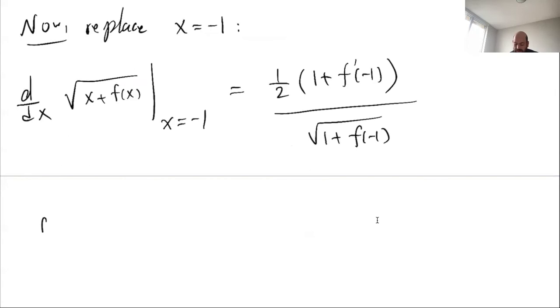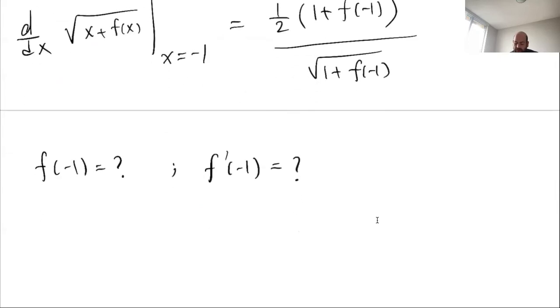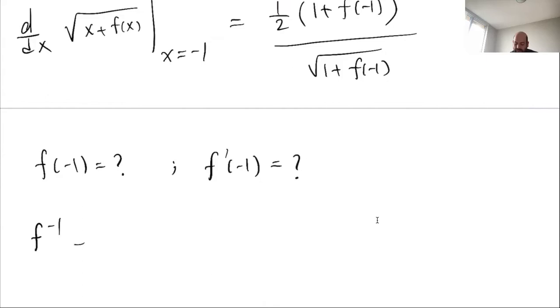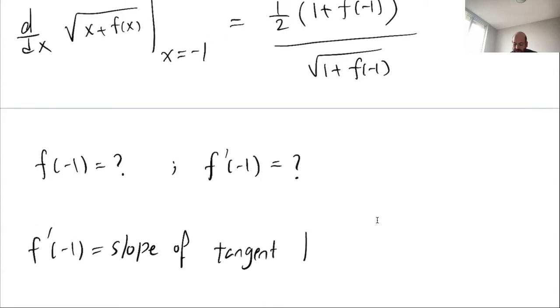Okay, now we need to find f of -1 and f prime of -1, and we'll be done. So how can I find f prime of -1? F prime of -1 means the slope of the tangent line at x equals -1.